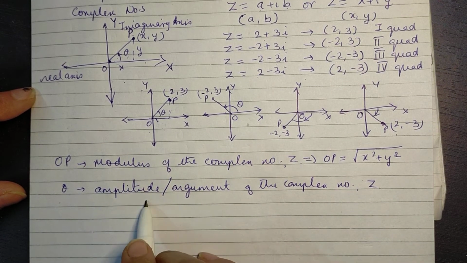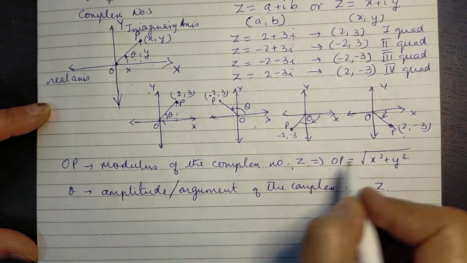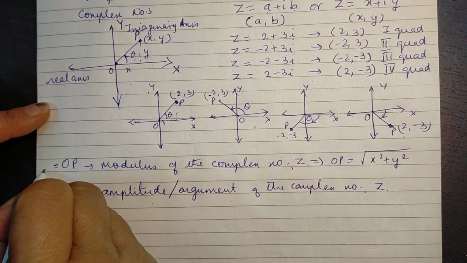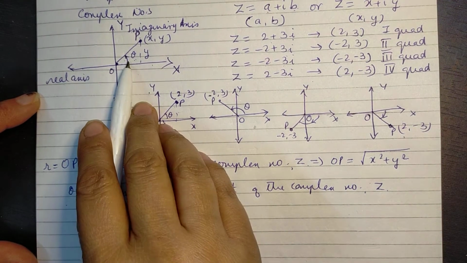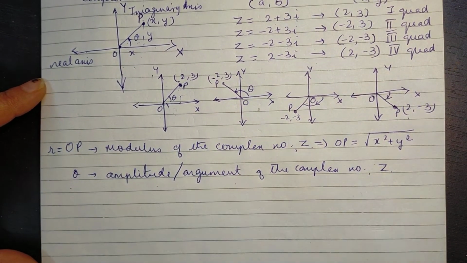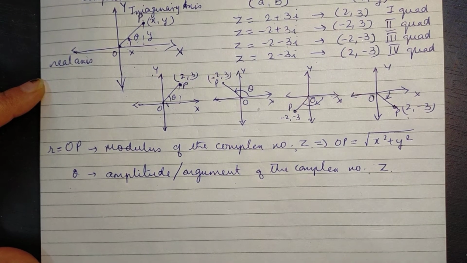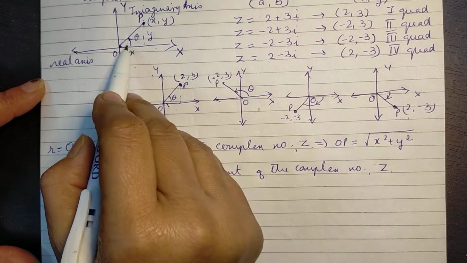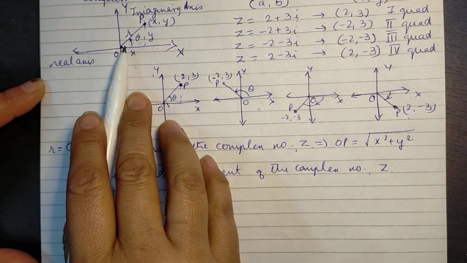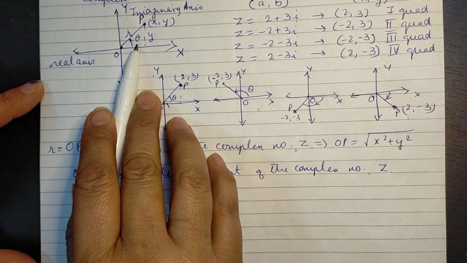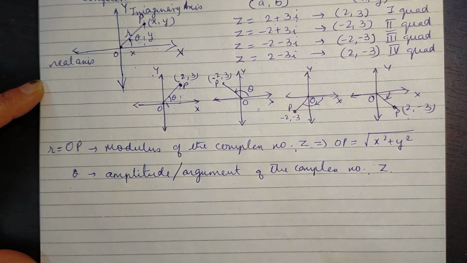Now theta is called the amplitude or argument of a complex number. OP is also denoted by small r. So a complex number can be represented in terms of Cartesian coordinates, x and y, or in terms of the coordinates r and theta. The pair r comma theta is called the polar coordinates.